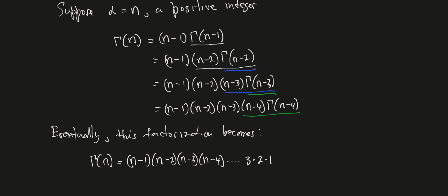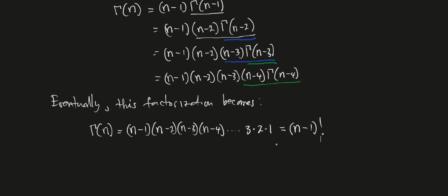It starts with n minus 1 and you multiply all the positive integers until you get to 1. So what we have here is this really remarkable property: for every positive integer n, the gamma of n is equal to n minus 1 factorial.